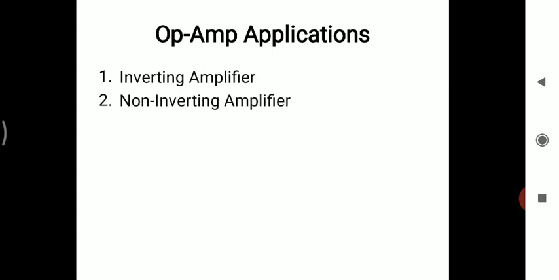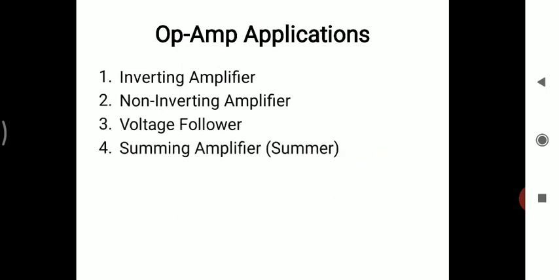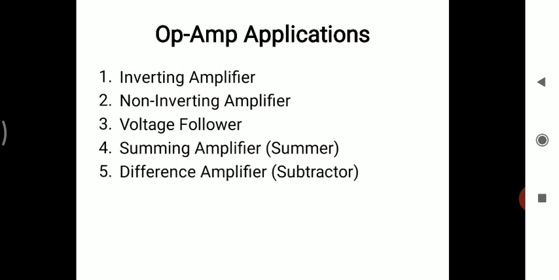This operational amplifier can be used as an inverting amplifier, a non-inverting amplifier, a voltage follower, a summing amplifier, or else you can call this a summer, addition of two voltage signals. The fifth application is the difference amplifier, or subtractor, then integrator and differentiator.